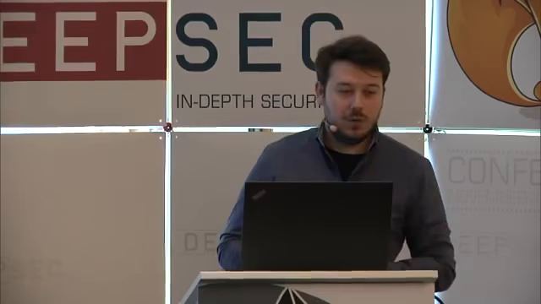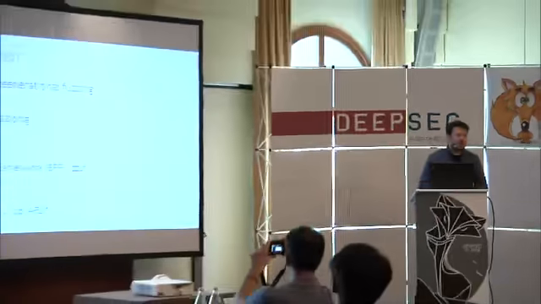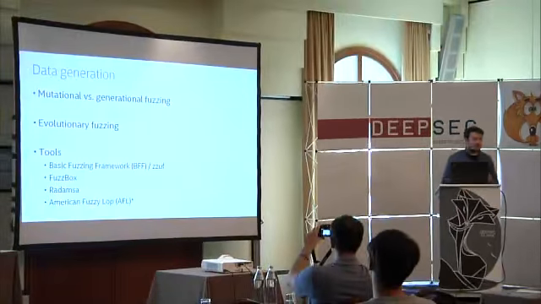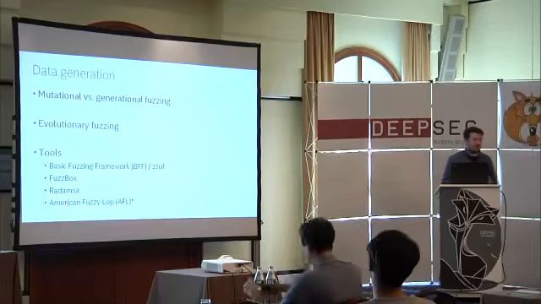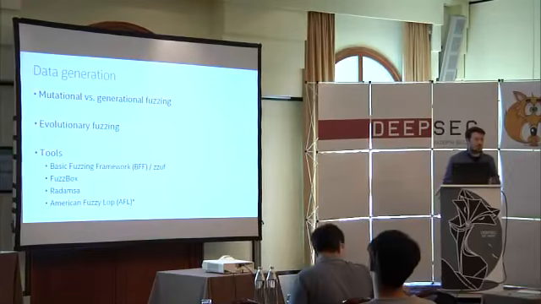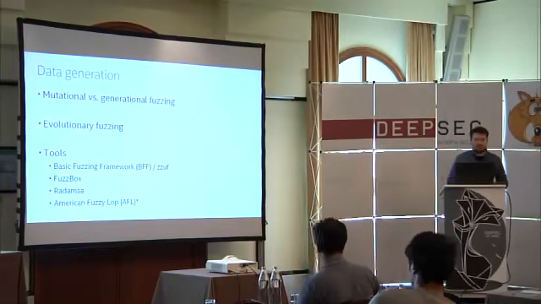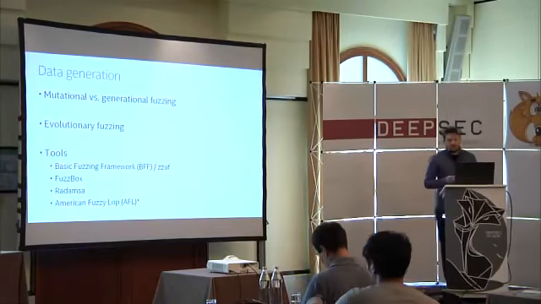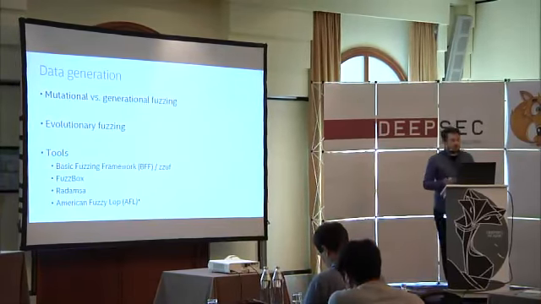Generally speaking, in fuzzing, and more specifically in file format fuzzing, we can have either mutational fuzzing or generational fuzzing. Mutational fuzzing means that we have an initial set of valid files that can be fed to the target application or the target system component, and we try to malform it or to corrupt it in various ways.